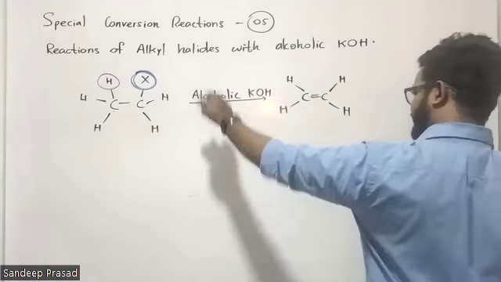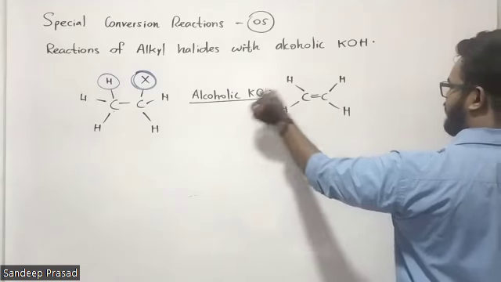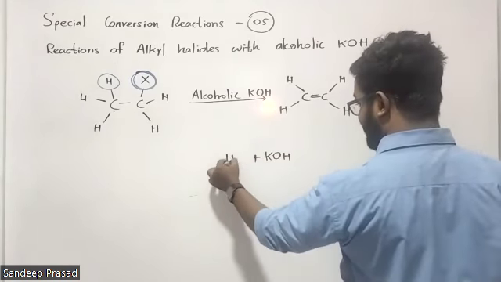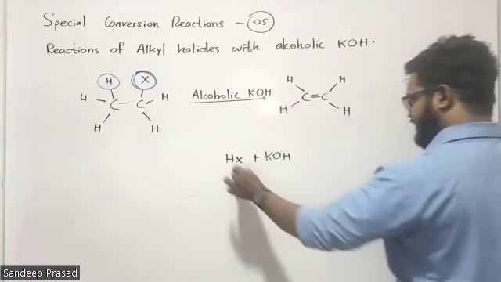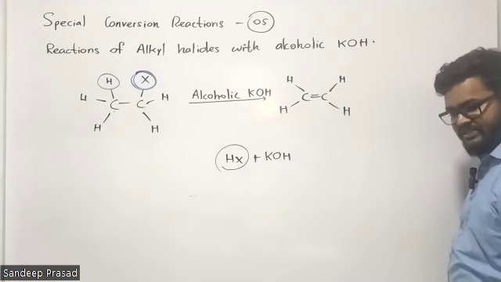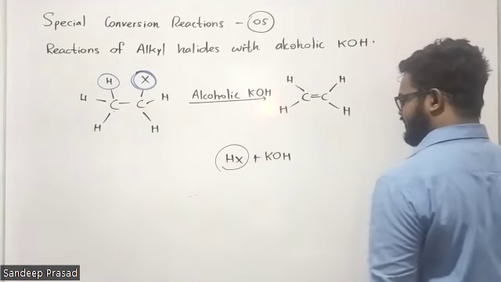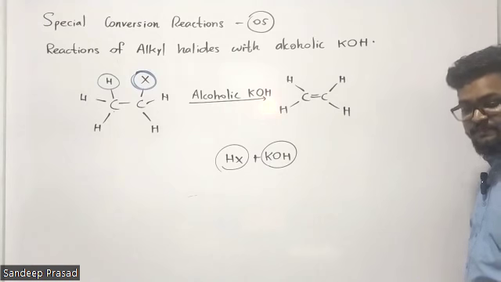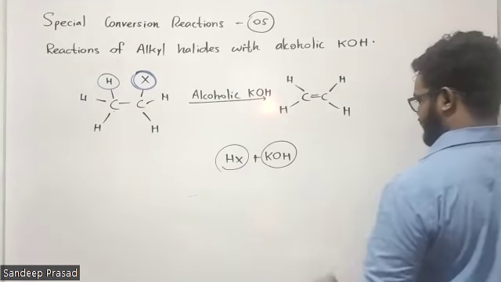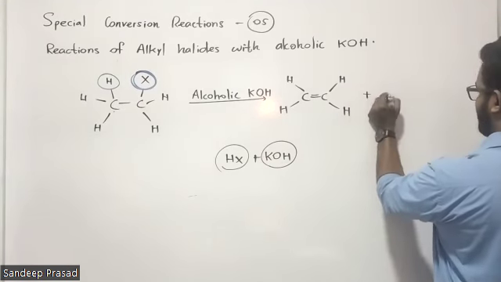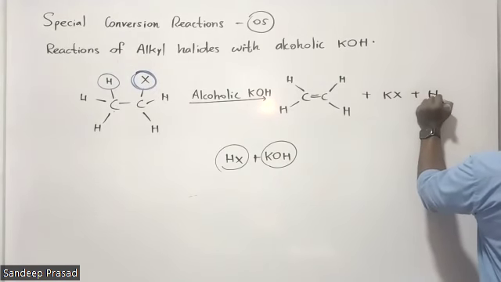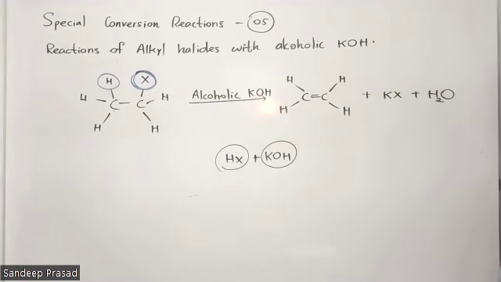Actually, what will happen here, the next thing is, even after forming HX, what will happen? HX is actually an acid, hydrogen halide. This acid can react with potassium hydroxide because potassium hydroxide is a base. So acid-base reaction. Because of that acid-base reaction, the final products are KX and H2O, right?